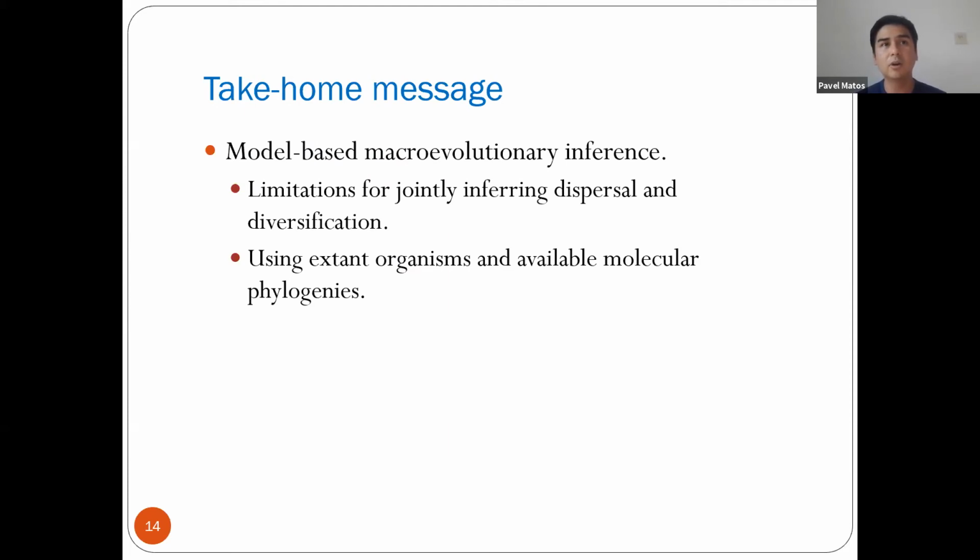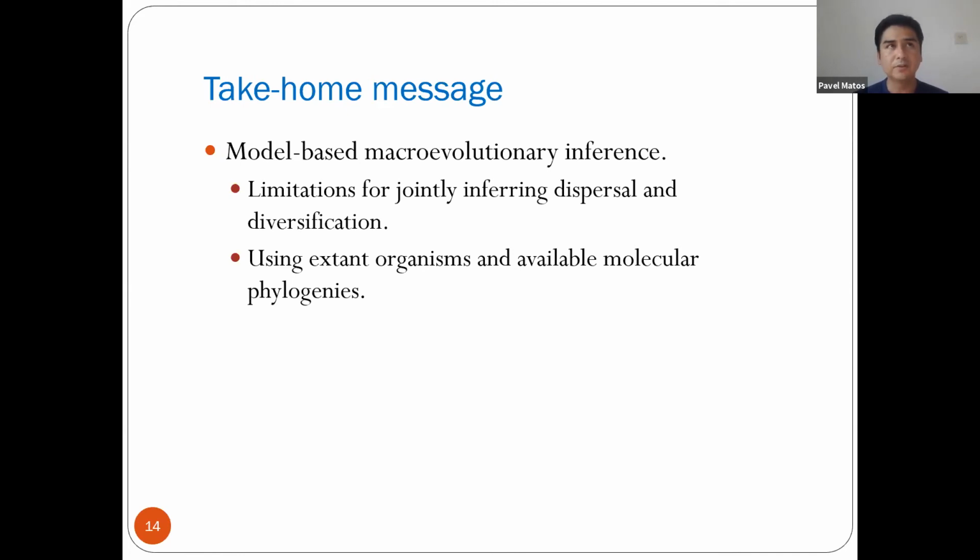So this opens up more horizons to answer questions, for example, on how a particular region obtained its current species diversity. But of course, everything comes with limitations. In the case of the DEC model, for example, we don't estimate diversification. So the best approach would be to jointly infer dispersal, speciation, and extinction using molecular phylogenetic data.